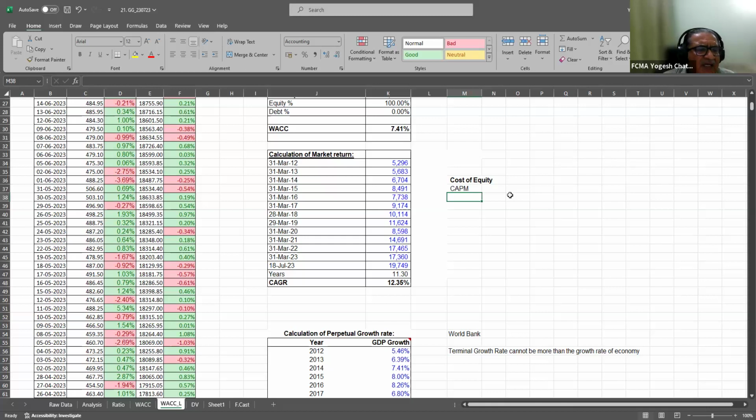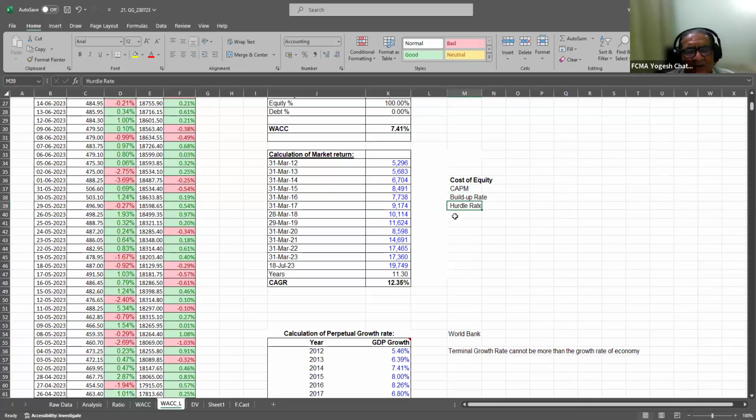Like in India, they consider the build-up rate. Build-up rate will start with the bank rate, and then risk consideration will be added by the valuer, and we can have the hurdle rate also. Hurdle rate, as we all are aware, is considered for the capital budgeting decision, and that is a company-specific rate.